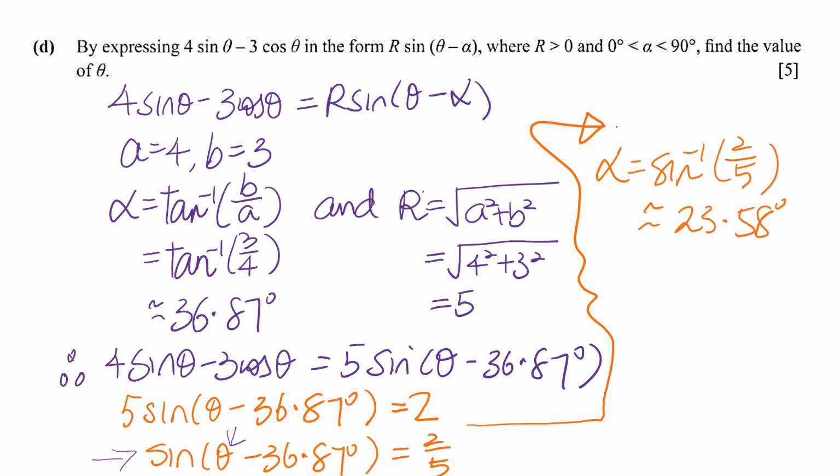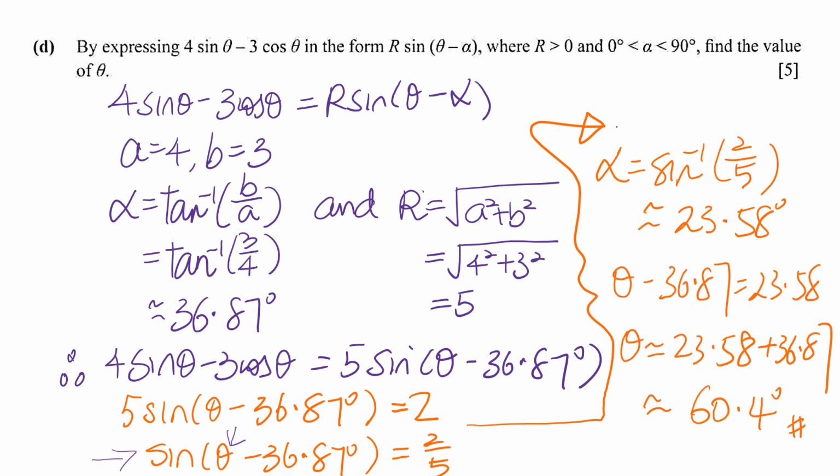Okay, so theta minus 36.87 will be equal to 23.58, and theta will be equal to 60.4 degrees. Alright, so these are the few very challenging questions from Paper 2 in the 2023 A-Math O-Level. So it's worth going through all these questions again and trying them again on your own.